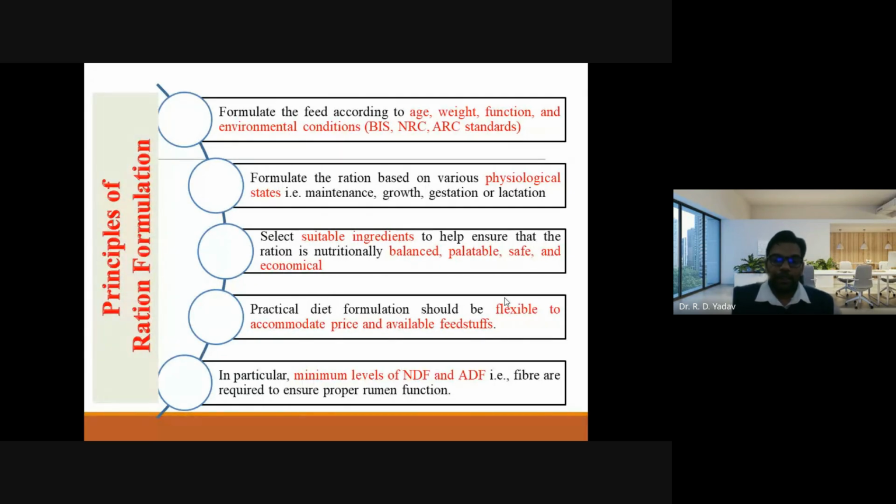In particular, keep NDF and ADF at the proper level, because ADF contains lignin, which is non-digestible, so we have to keep ADF as low as possible. No doubt fiber is required for ruminants, and a minimum of 35% NDF is required for proper fat content and production in animals, but we have to reduce the ADF content.